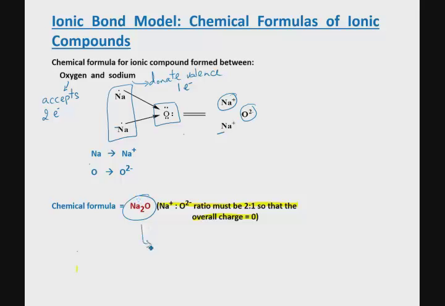That means that in one formula unit of this compound, there will be two sodium ions and one oxygen 2 minus ion, so that the total charge is 0. Please note that we do not write the charges of the ions in the chemical formula of the compound.